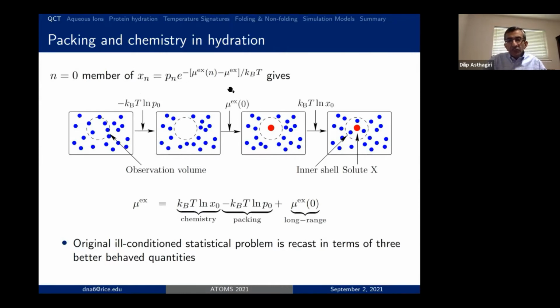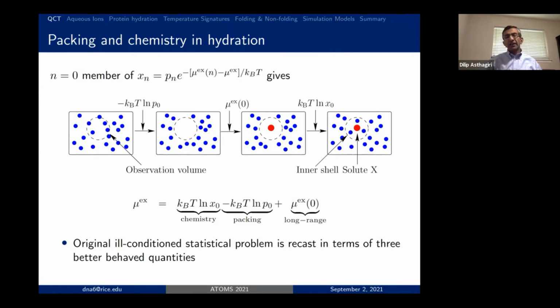Then you insert the solute, and this problem is well defined, and that gives you the long range contributions to hydration. And then you allow the solvent to slowly occupy the inner shell, and that gives you what we call the chemistry contribution to the process of hydration.